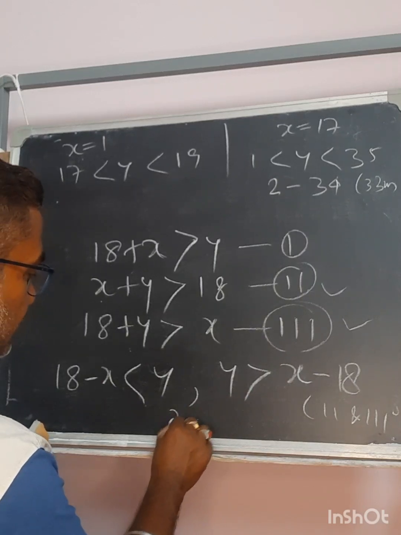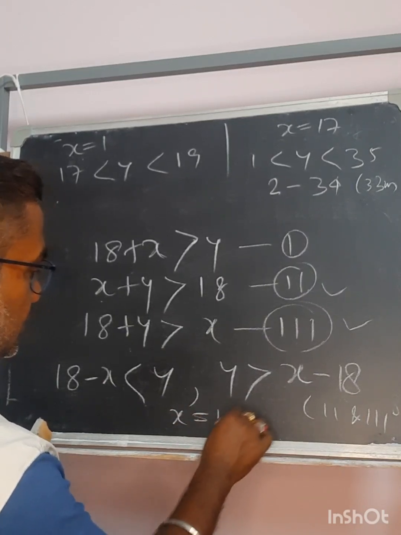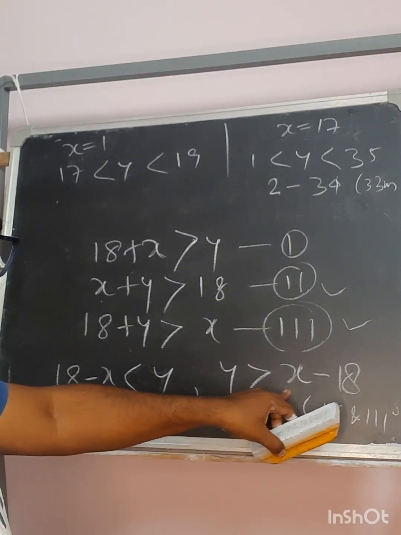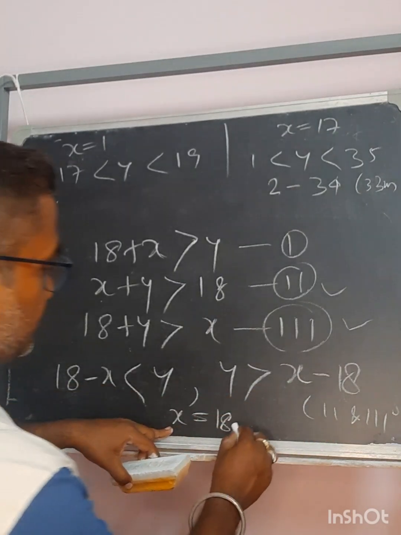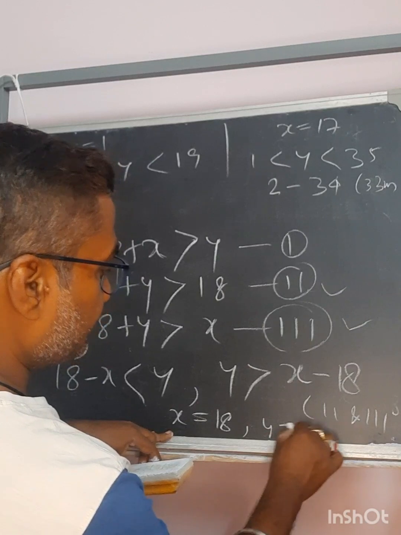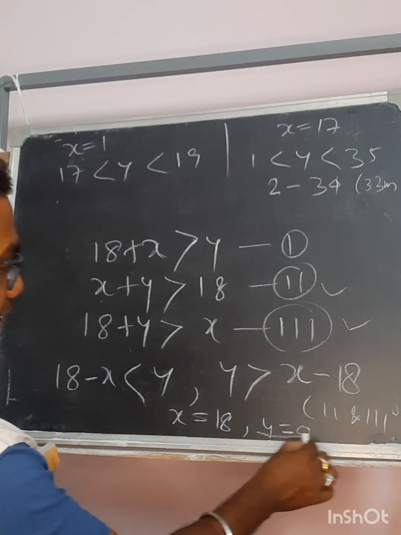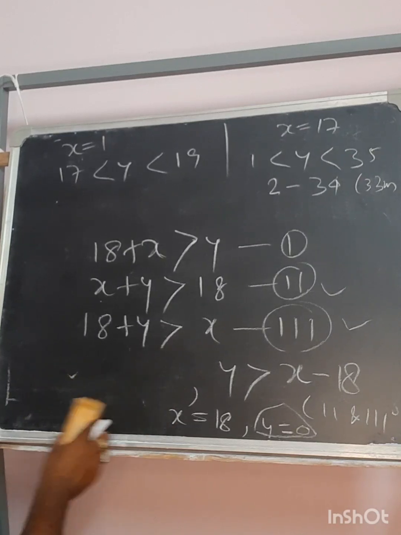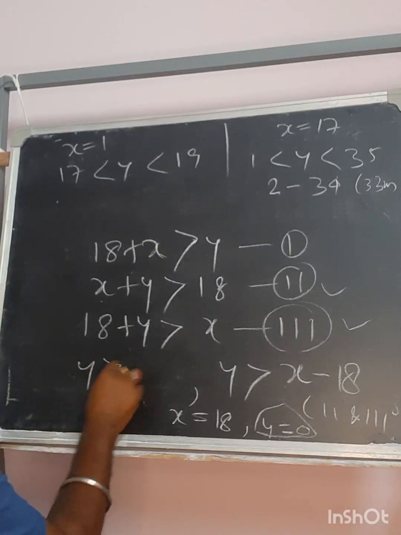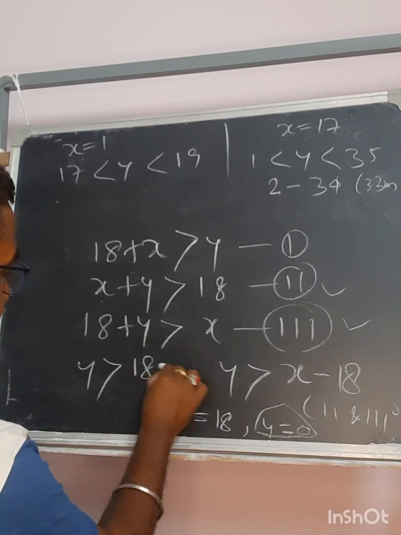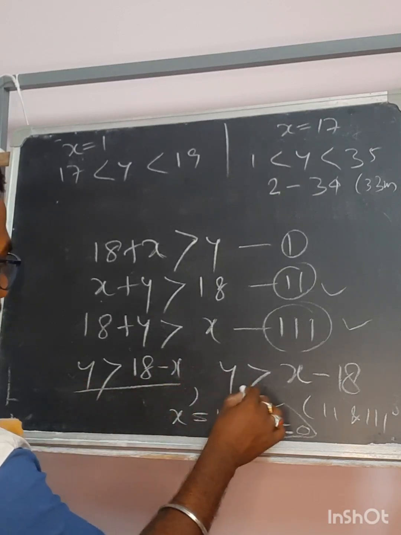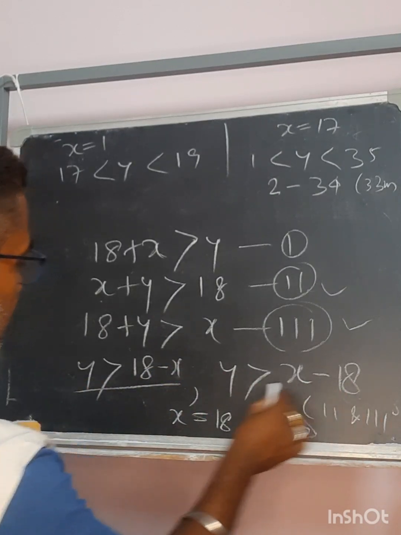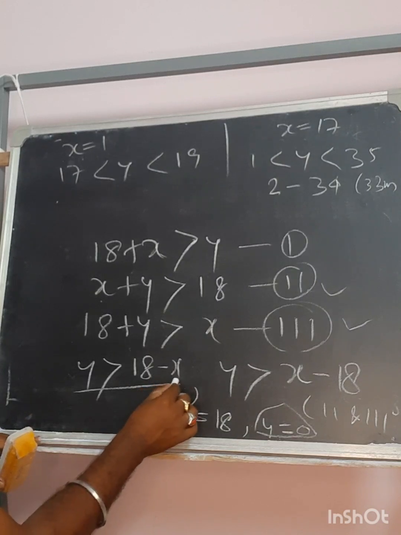There is only one value, x equal to 18, for which this is possible. But if I take x equal to 18, y is equal to 0. So this is not a valid solution. Both conditions are of the same number only if I take x equal to 18.